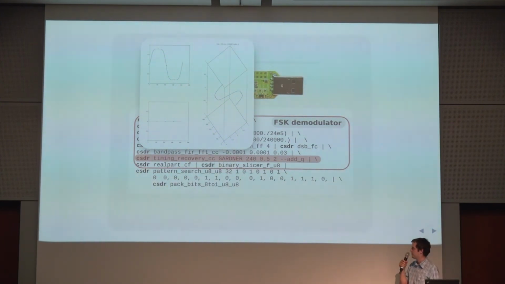I use the Gardner, as with BPSK31, and I also use the visualization feature in CSDR and GNU Octave to check that the algorithm locked on and recovers the bits correctly.